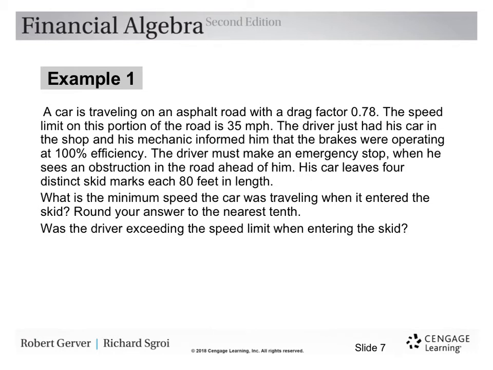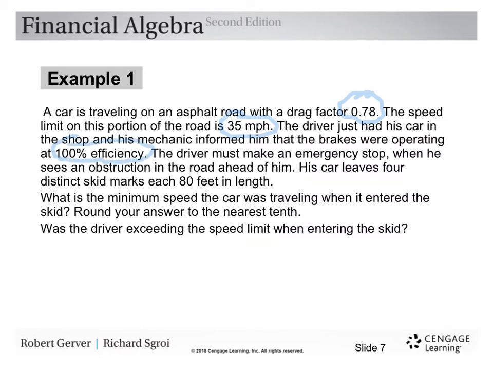So let's look at an example. A car is traveling on an asphalt road with a drag factor of 0.78. The speed limit on this portion of road is 35 miles an hour. The driver just had his car in the shop and his mechanic informed him that the brakes were operating at 100% efficiency.